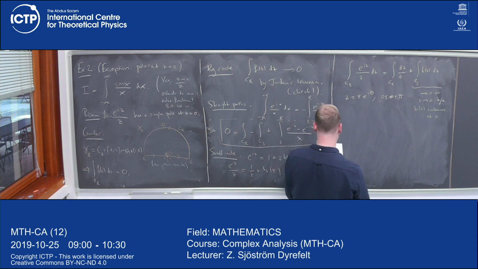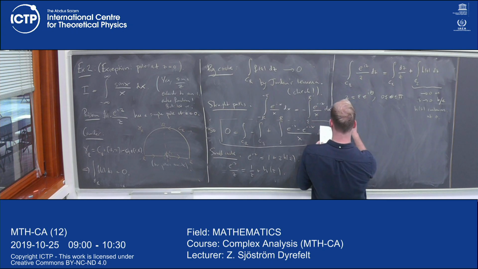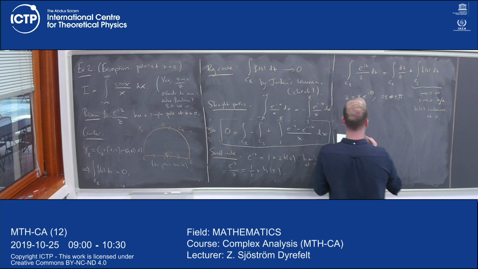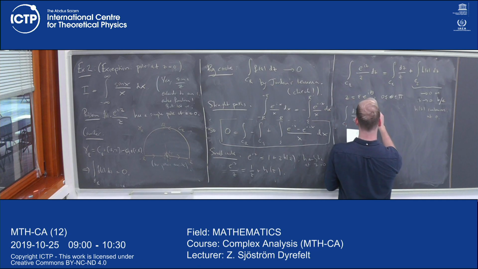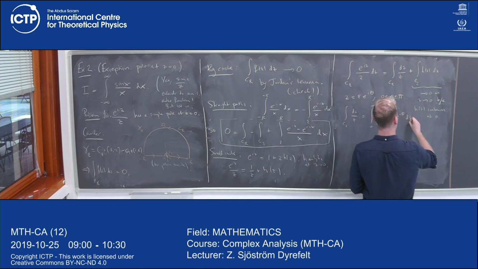Now we calculated this one, so it goes from 0 to pi. This means that the integral over C epsilon of dz/z, we compute it, is equal to the integral from 0 to pi of 1/(epsilon e^{i theta}) times the derivative of this, d theta.